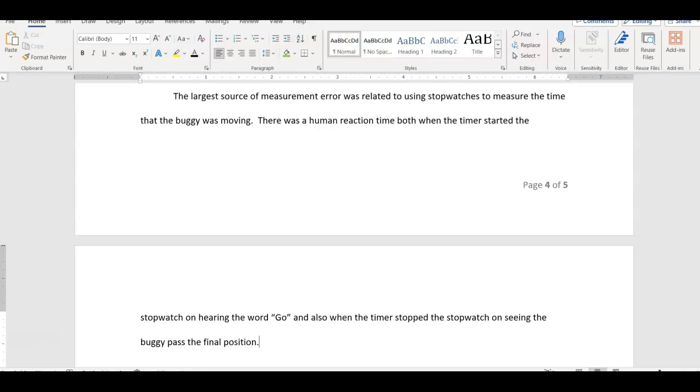Okay, so there's a human reaction time error on both sides of our measurement.